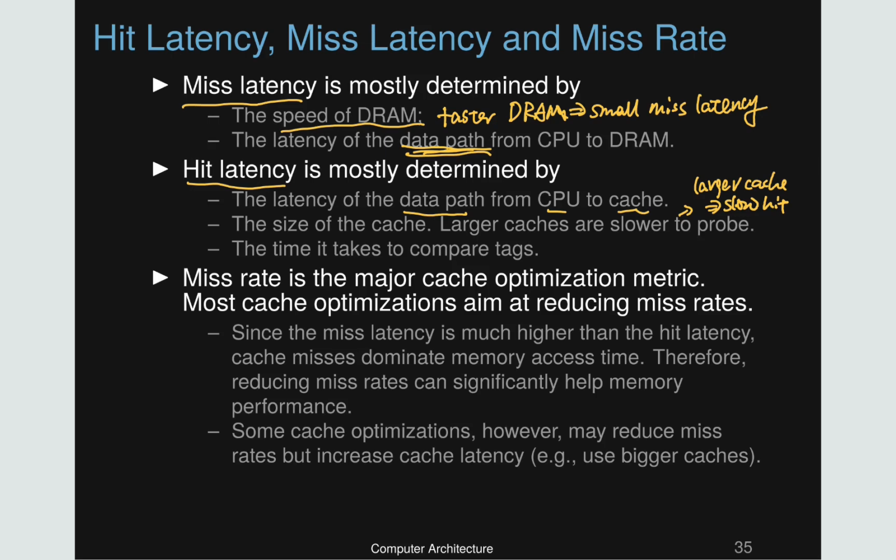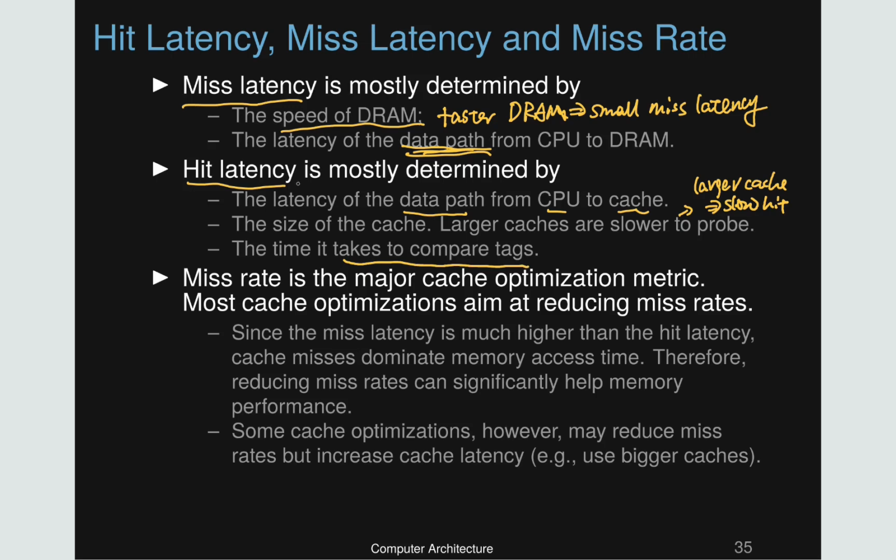We need to compare their tags, so that it takes longer to actually locate the piece of data in the cache. Therefore, the bigger the cache, the longer the hit latency is. And hit latency is also determined by how long it actually takes to compare the tags. The faster the tag comparison is, the smaller the hit latency is.